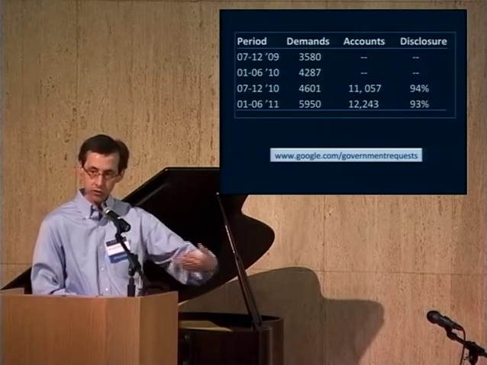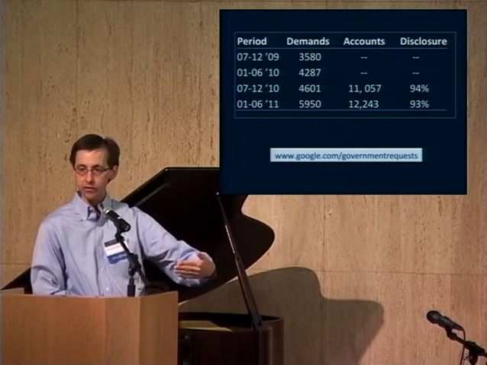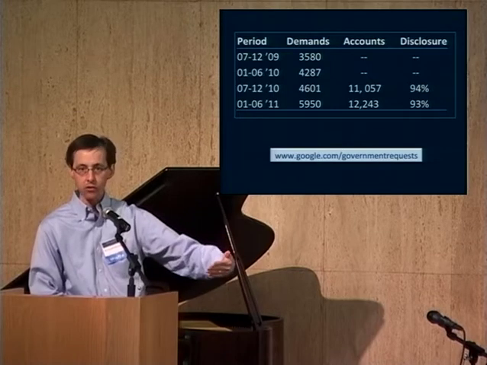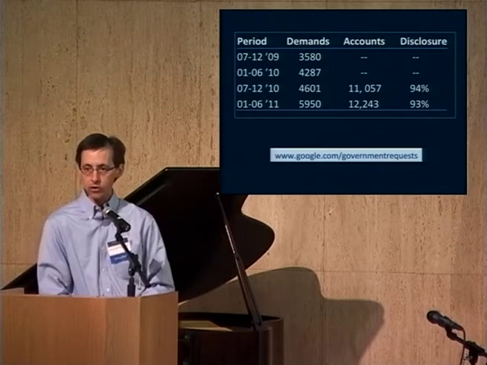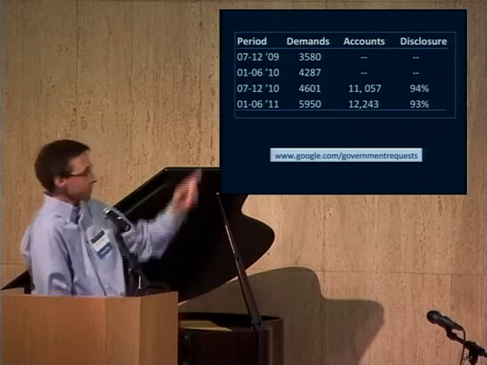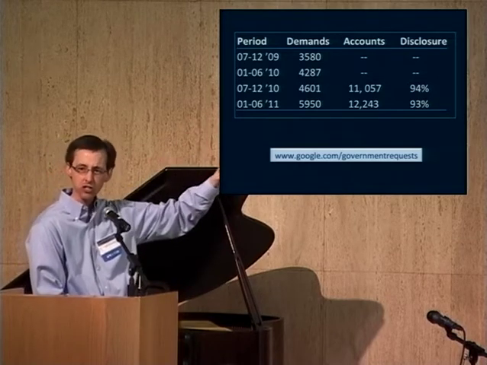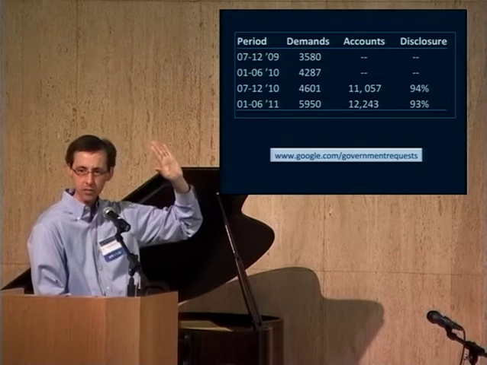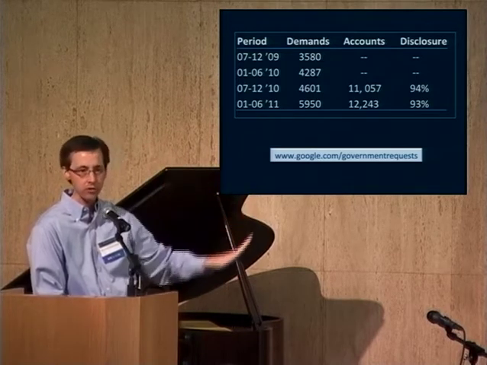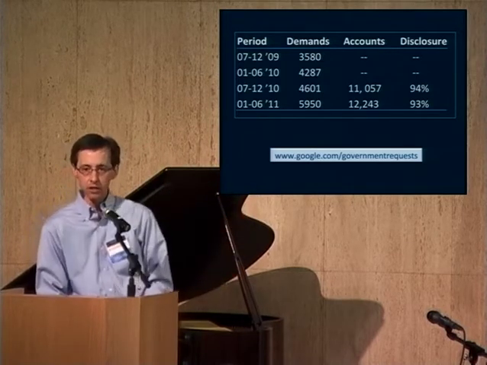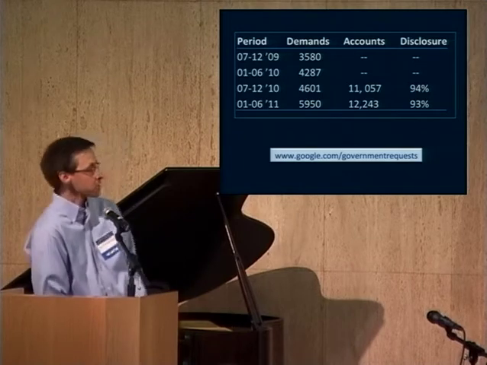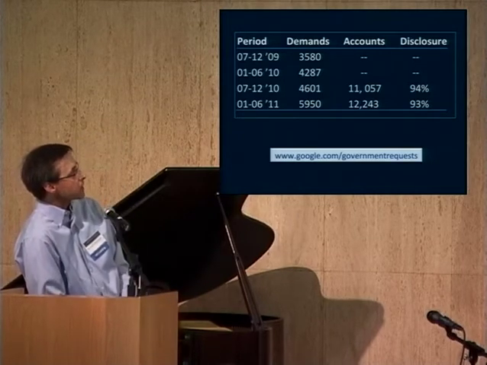But each one of those legal process with this user identified in there will count as one account. So we don't deconflict where there are multiple accounts. So this number of accounts is probably lower than that. And I should say this includes not just Gmail, but legal process about YouTube users or Blogger. There's a lot of properties and companies that Google's involved in, and these numbers are meant to cover all of those.